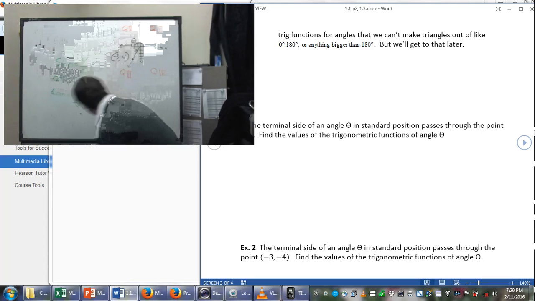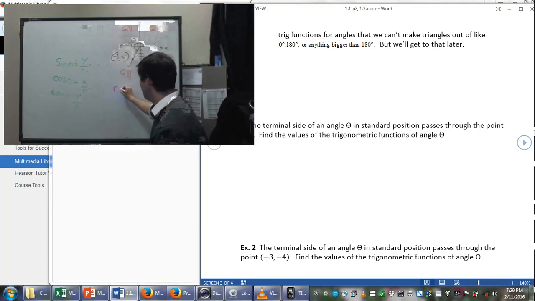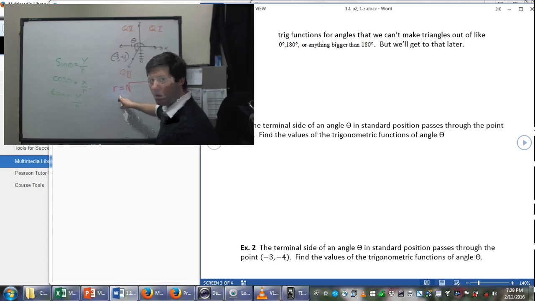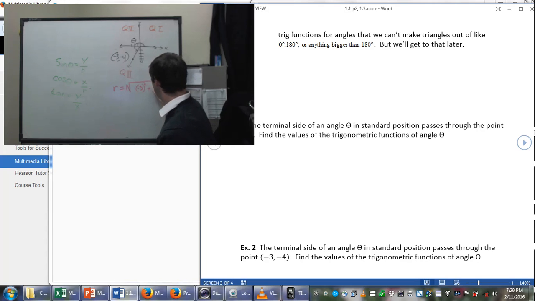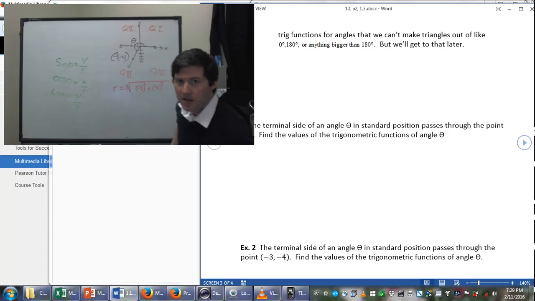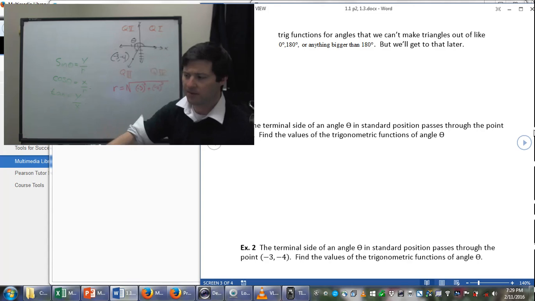So that first coordinate tells me I'm going in the negative direction of the x-axis. That's right there. And then the second, that -4, is going along the y-axis. -4 tells me to go down 4. Okay. So there's a point on the terminal side of my angle.